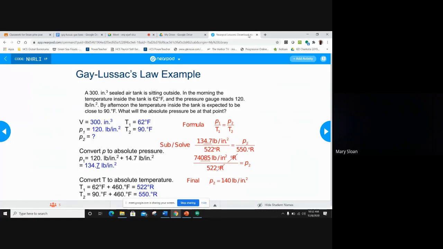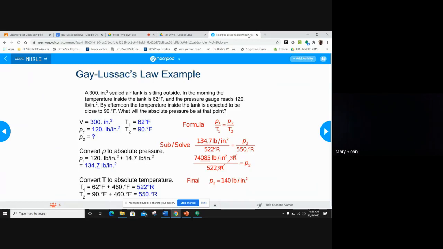So it says 300 inches cubed is sealed with the air tank sitting outside. In the morning, the temperature inside the tank is 62 degrees Fahrenheit, and the pressure gauge reads 120 pounds per inch squared. By the afternoon, temperature inside the tank is expected to be closer to 90 degrees Fahrenheit. What is the absolute pressure at this point?